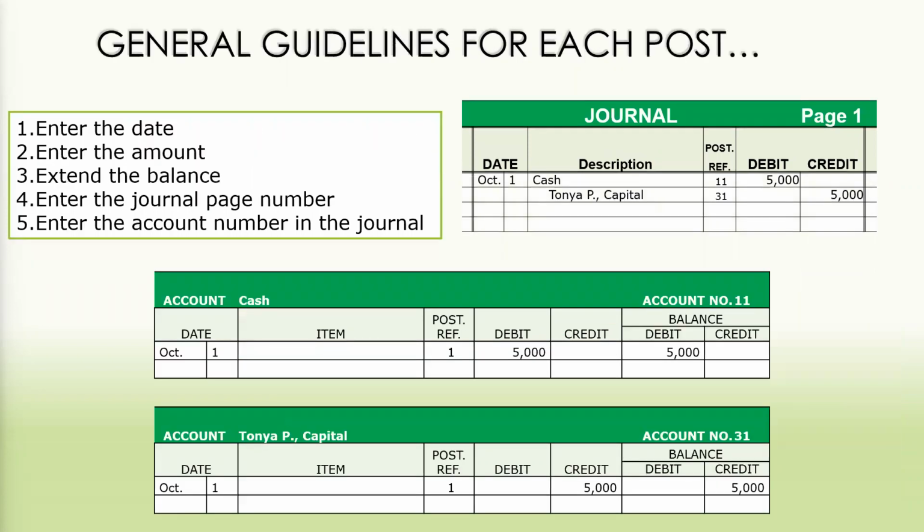The general guidelines for each post that we make will be to first enter the date, then we'll enter the amount, then we will extend balances. Next, we enter the journal page number. Then we will go back to the journal and enter the account numbers in the journals under that posting reference column.